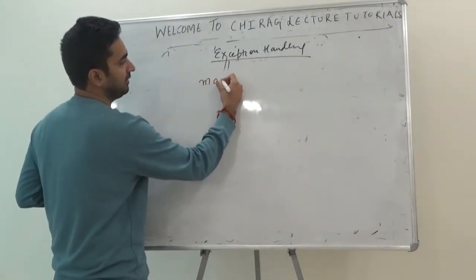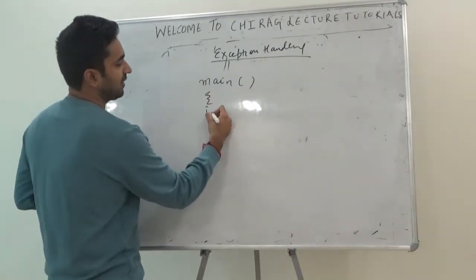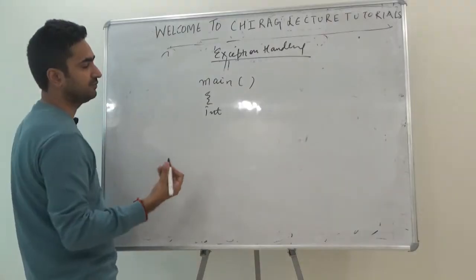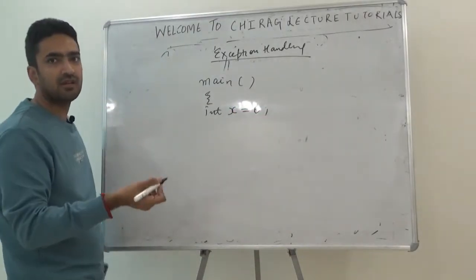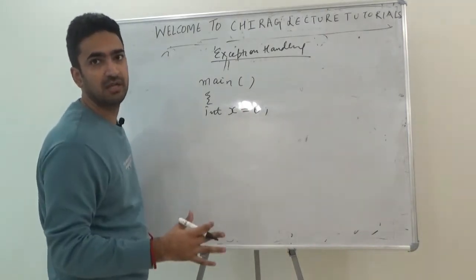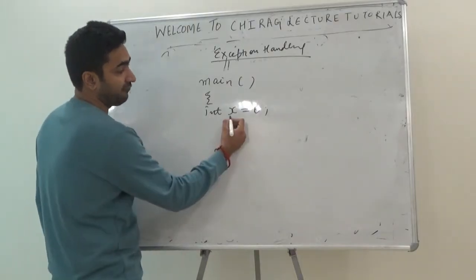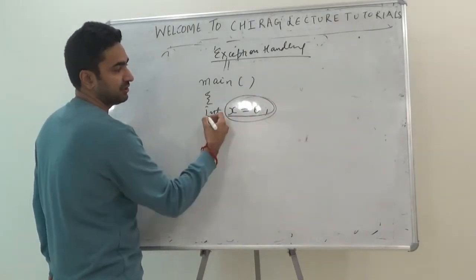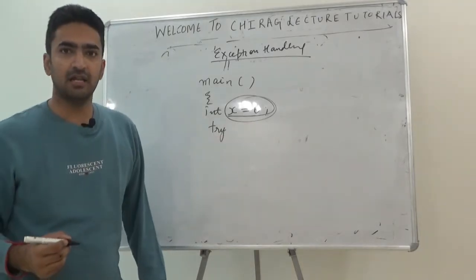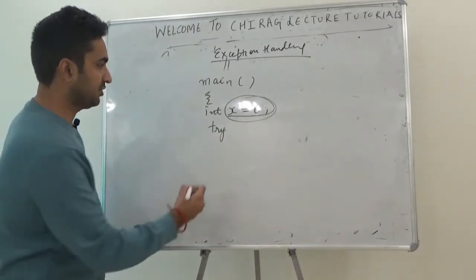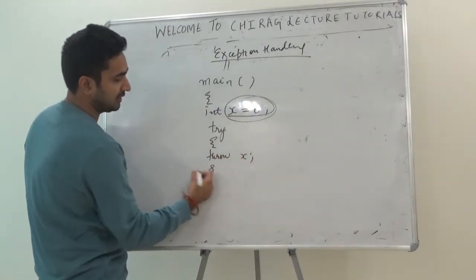Firstly, I'll just write main, and let's say I am defining int x, and I'm giving it the value 0, because I don't want division by 0 to be possible. And if for me this is an exception, I'll use a try block over here, and I'll throw this exception. So I'll just throw x, right?